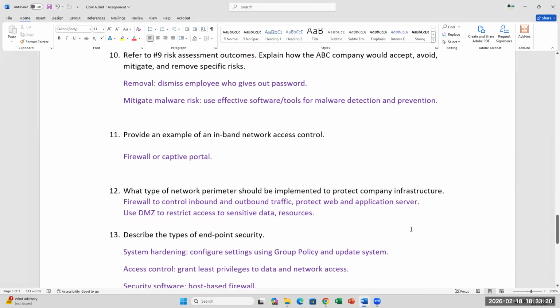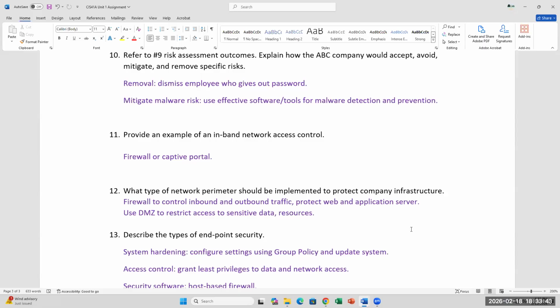So an example of in-band network access control, as I mentioned, could be your firewall appliance, like a next generation firewall, a border firewall, a border gateway firewall. Can it be an application firewall? Sure, depending on the scope and what kind of system we're looking at.